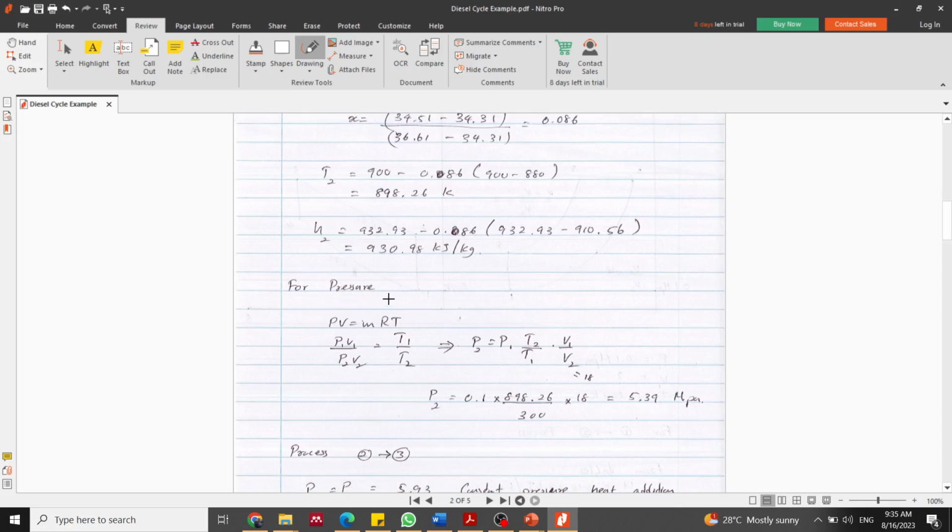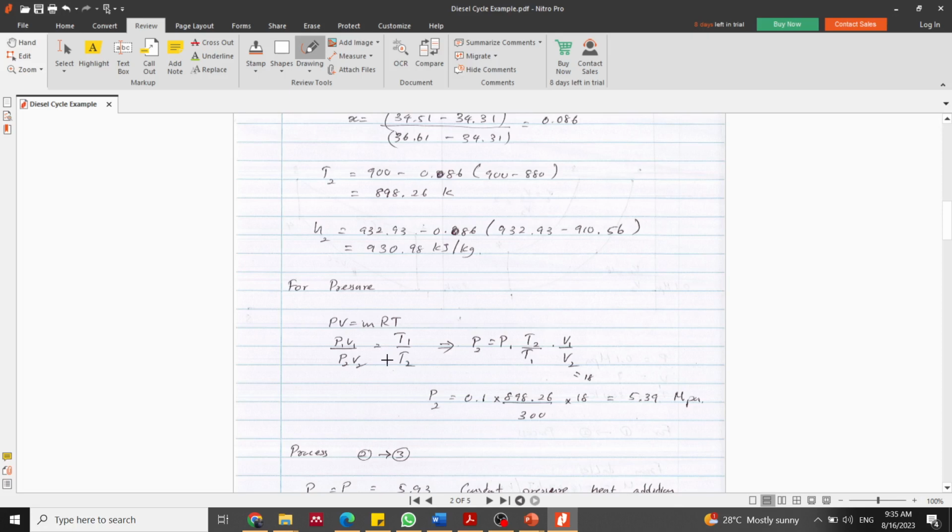Then we need to calculate the pressure as well. For that we can substitute the value into the ideal gas equation, PV equal to MRT. For point 1 and point 2, if we divide both equations, P1 V1 equal to M1 R T1 divided by P2 V2 equal to M2 R T2.